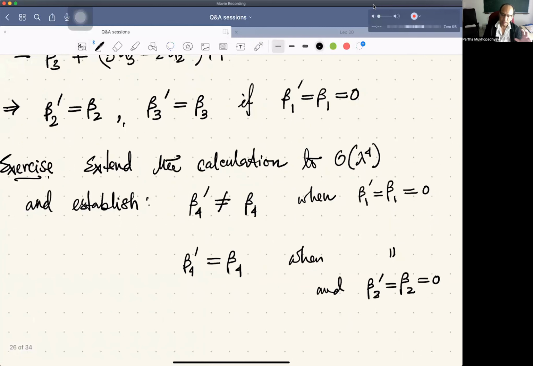So basically, depending on how the beta function receives contribution at what order, certain terms in the beta function expansion will remain invariant under the change in prescription.